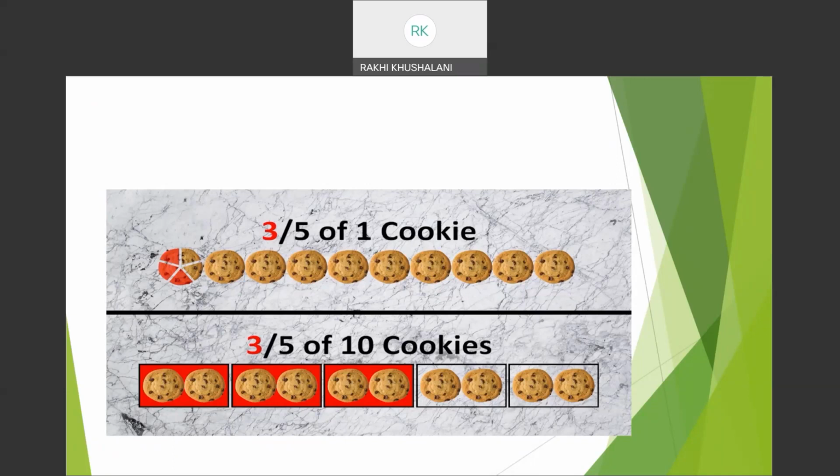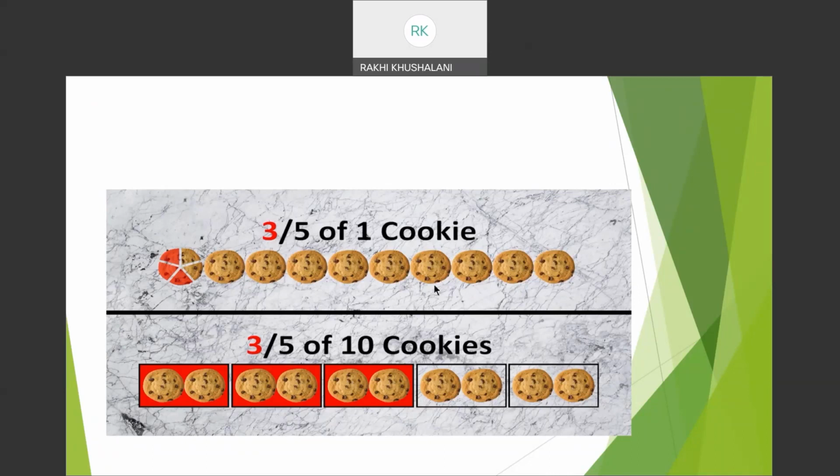How many cookies are there? Number 1, there are 10 cookies. How many groups you made? Number 2, 5. And out of those 5 groups, how many groups you picked up? I picked up 3. So basically, I picked up 3 by 5 out of 10 cookies.